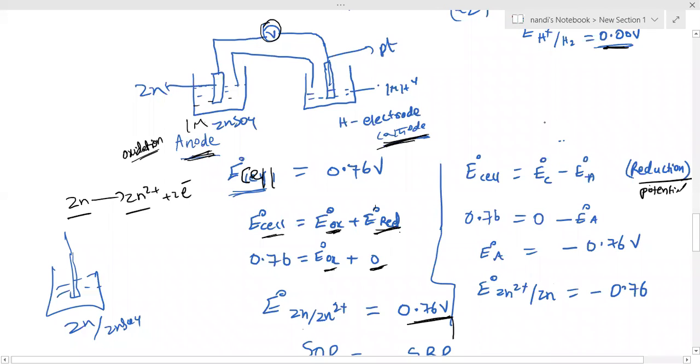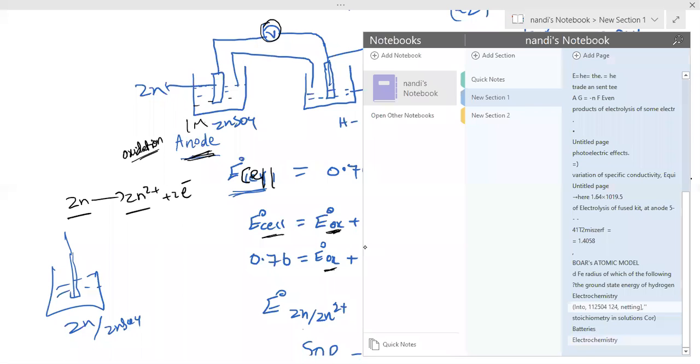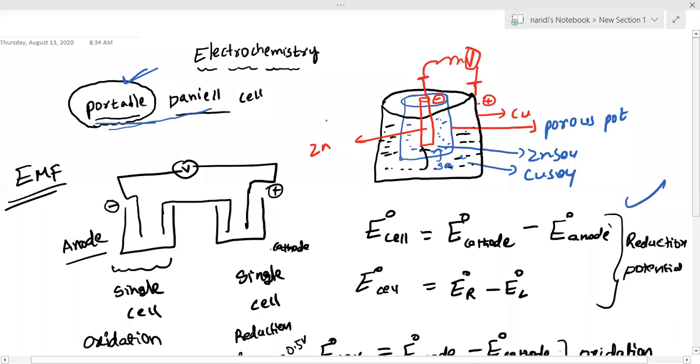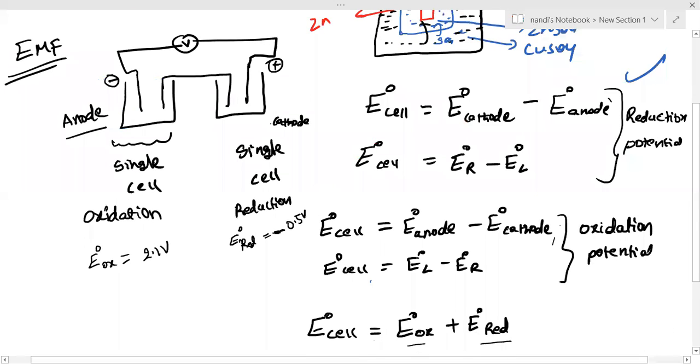Remember all the E naught cell calculation formulas. I am going to ask you, so please remember all the formulas first, for 2 minutes. Once you remember, we'll continue our part.